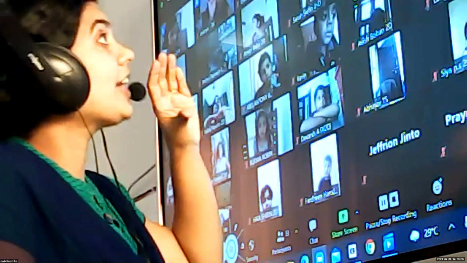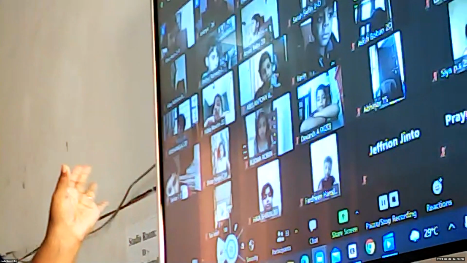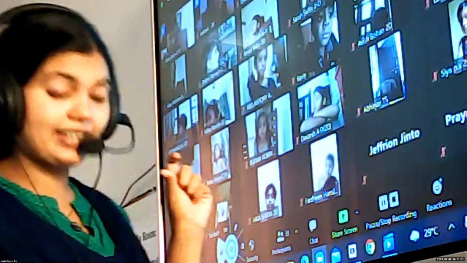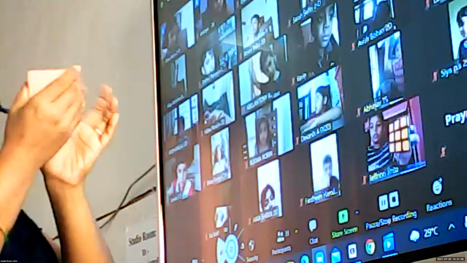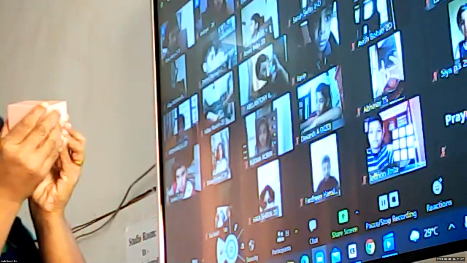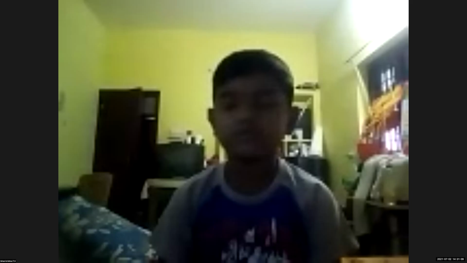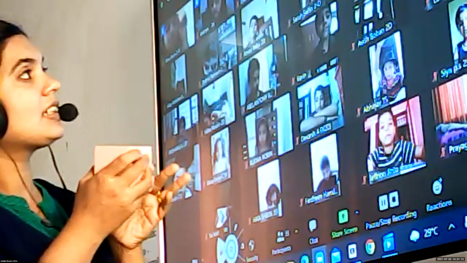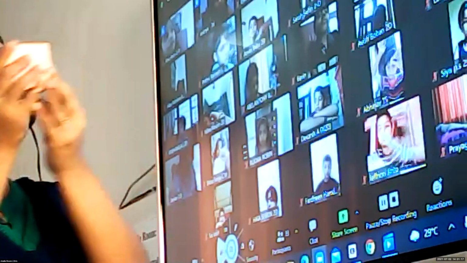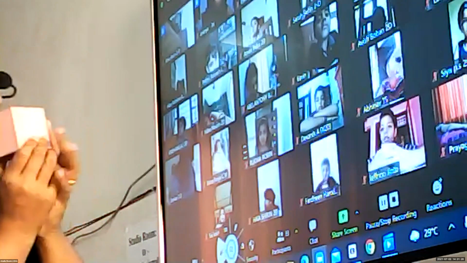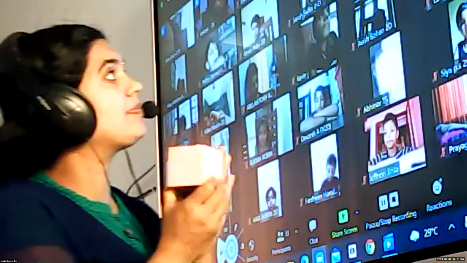But for a cube, all the faces are in square shape like this. See, all the faces are in square shape. That only is a cube. So this eraser is an example of cuboid. Clear? Now I am asking about examples for cube, where all the faces are in square shape.